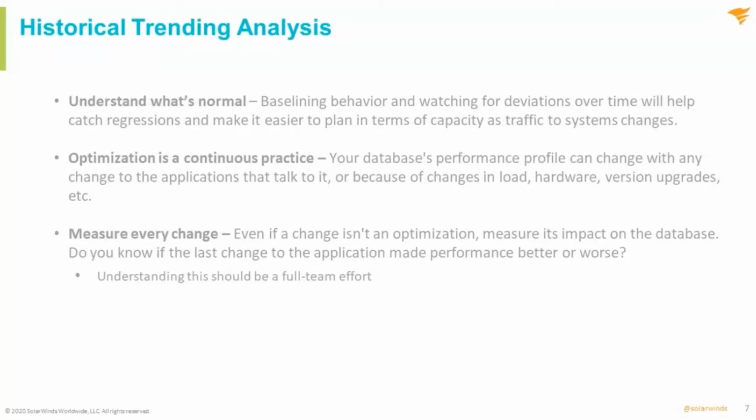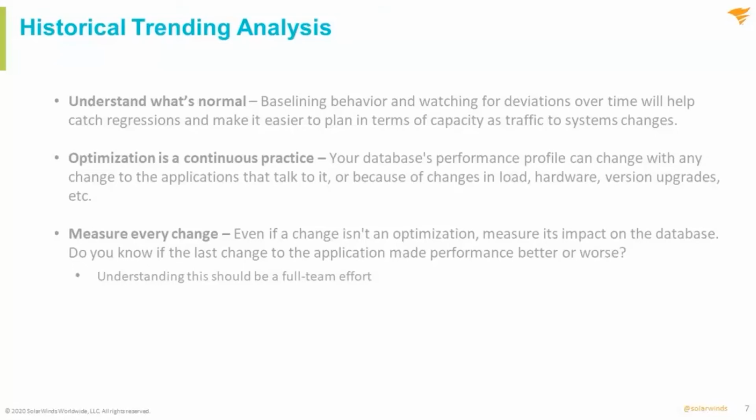Yeah, I've probably said this 3 or 4 times already, but optimization is not a task. Performance is not something that you go and work on once in a sprint and call it done. It is a continuous practice, a discipline that your team needs to take on, and it really starts with baselining your systems and understanding what normal looks like.